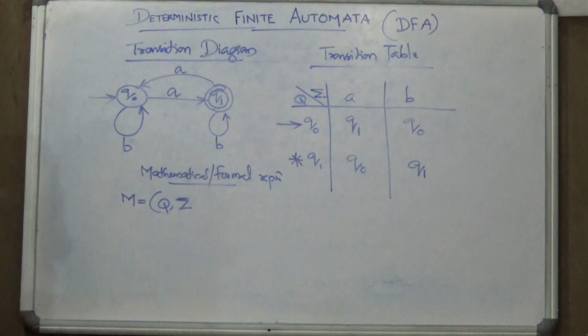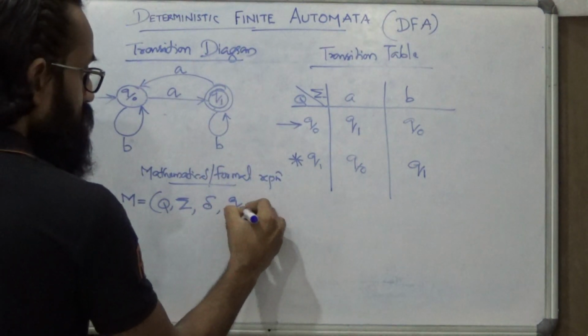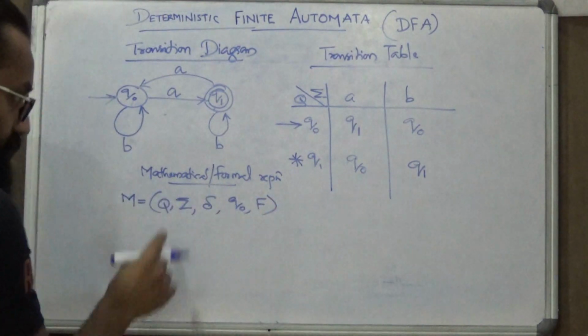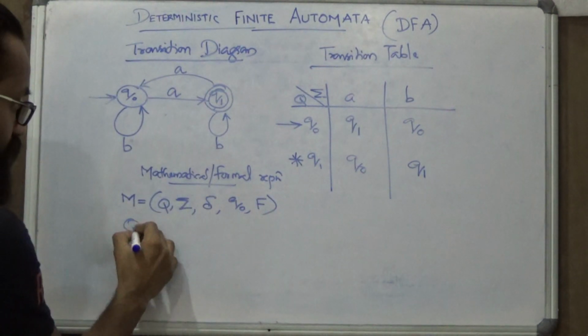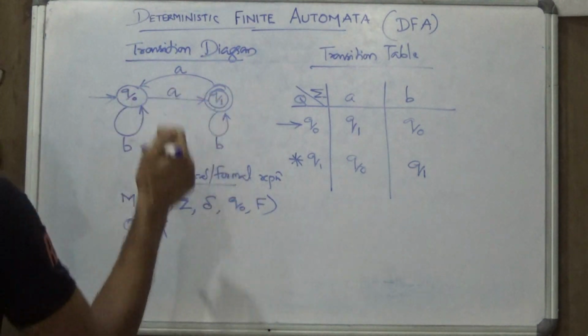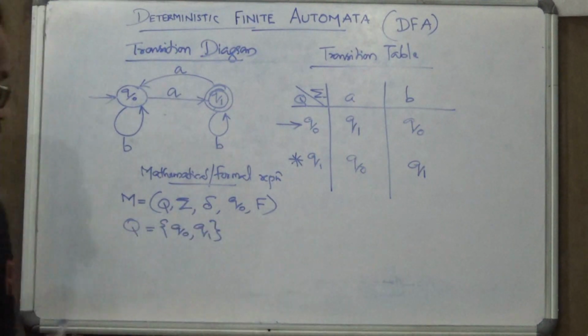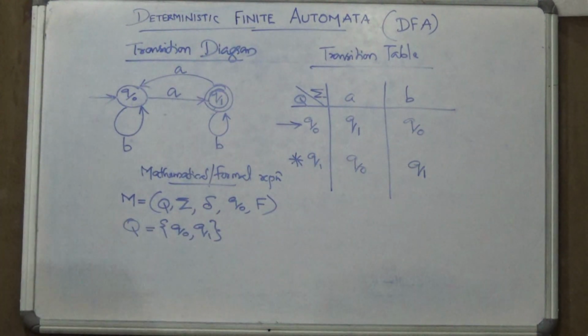You have to use the formal definition and define each component. What about Q? Q equals the set {Q0, Q1}. So here you have a finite set of states.